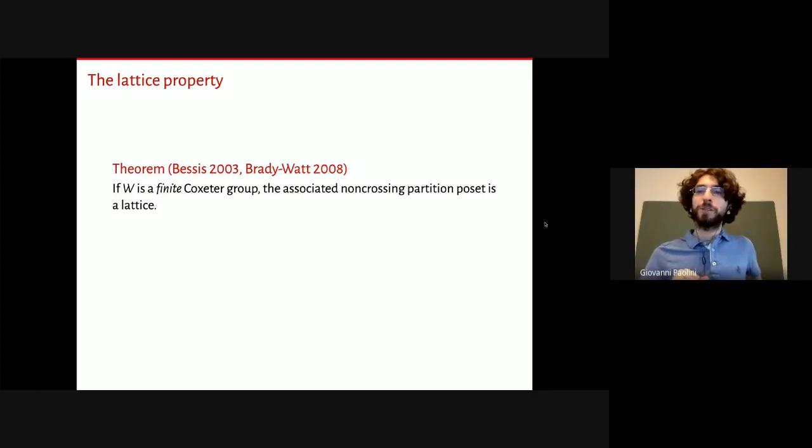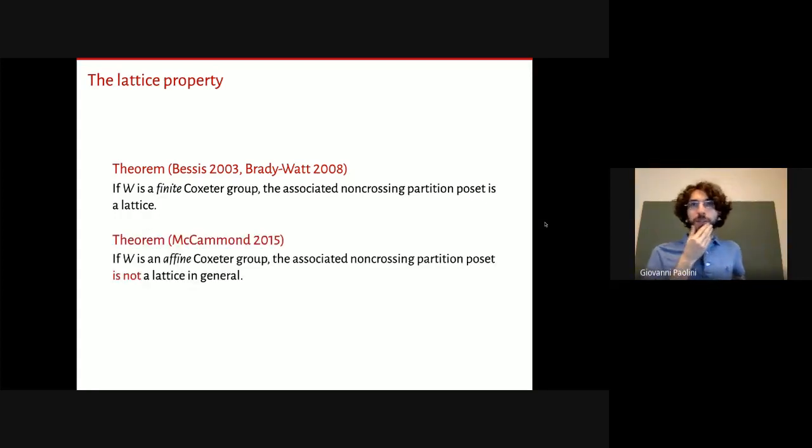So now the question is, is there hope to do this beyond finite Coxeter groups? Because finite Coxeter groups and spherical Artin groups, we understand them fairly well. So it's not like we necessarily needed an alternative way to look at them. What we want is a way that generalizes better.